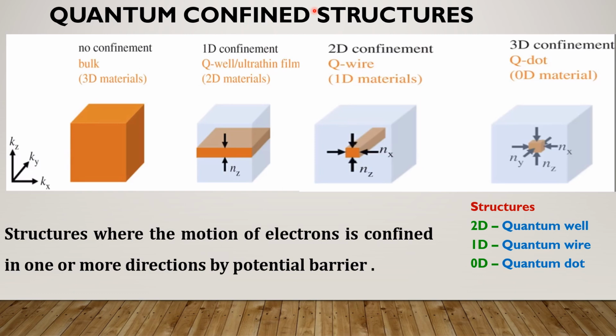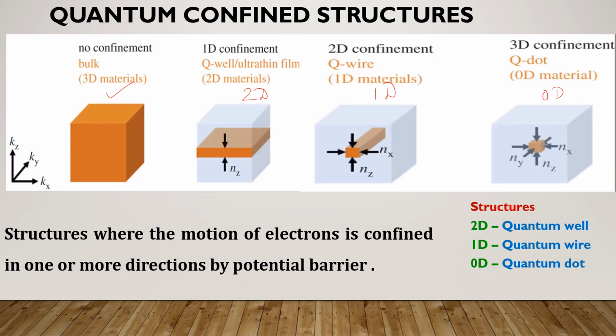What are quantum confined structures? The first picture shows a bulk material, which is a three-dimensional structure X, Y and Z. The second one shows a two-dimensional structure, the third one is a one-dimensional quantum confined structure, and this is the zero-dimensional structure.